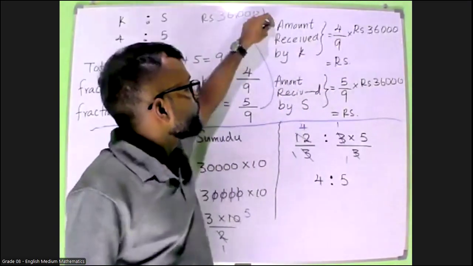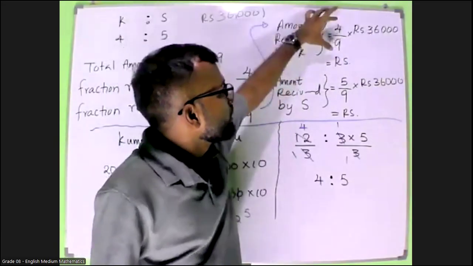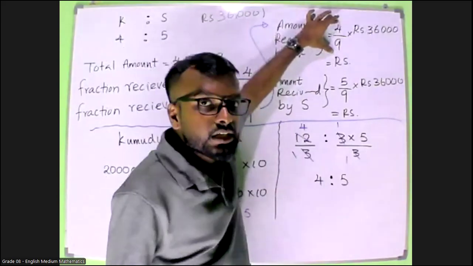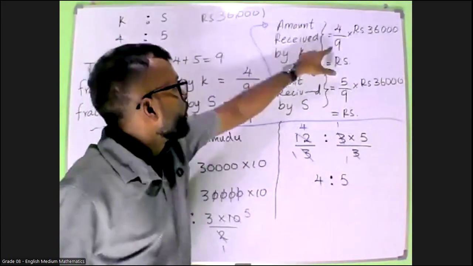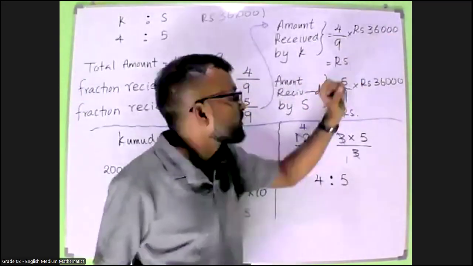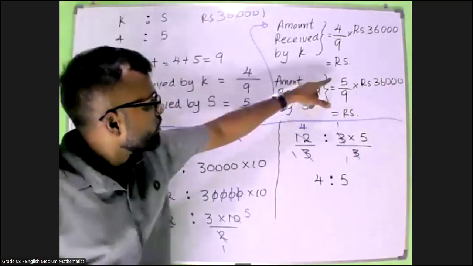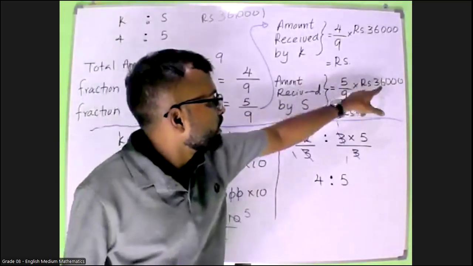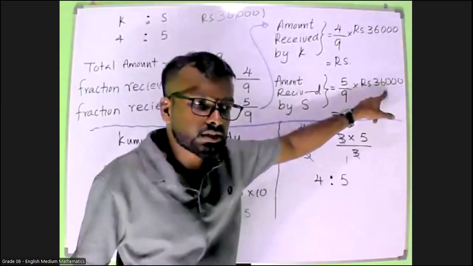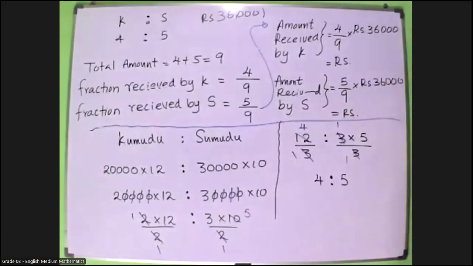So the amount of money received by Kumudu, you have to multiply the fraction 4/9 by 36,000. And the amount received by Sumudu, you have to multiply 5/9 by the same amount, 36,000. So you have to get the answer.